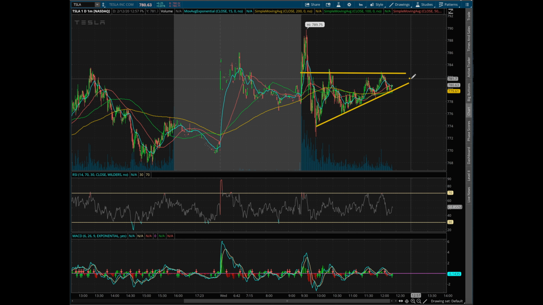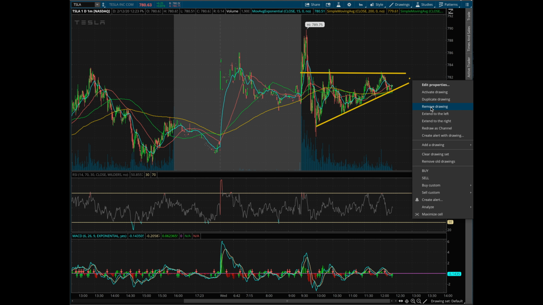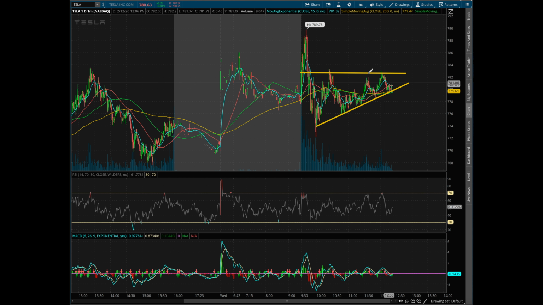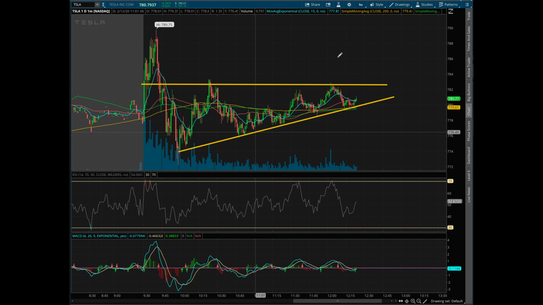So if you wanted to day trade this, which I personally probably wouldn't trade Tesla right now because it's just so volatile, you could buy right here at 779, wait for this to play out, and if it breaks up to the upside where it was earlier, that's a 1% move. Now, if you wanted to be safe, and I'll give an example, say you wanted to day trade Tesla today, you'd buy it here.